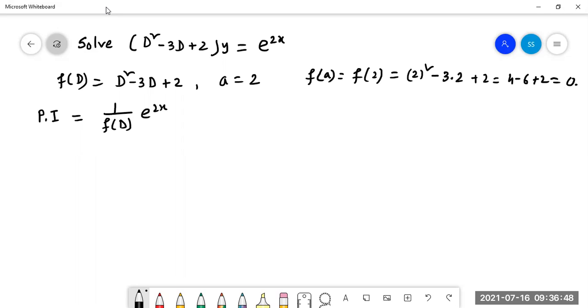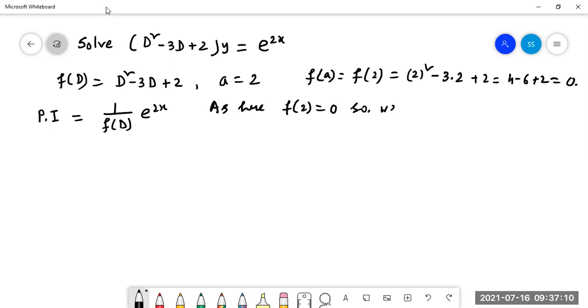Isn't it? Look here. Here a is given 2 and f(D) is D square minus 3D plus 2. So when we make f of a, it is coming 0. So we cannot go for the first rule, as here f of 2 equal to 0.